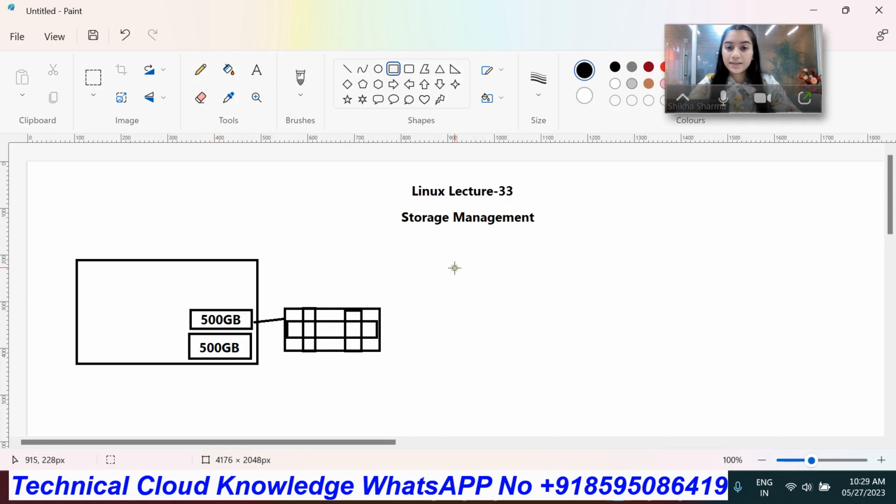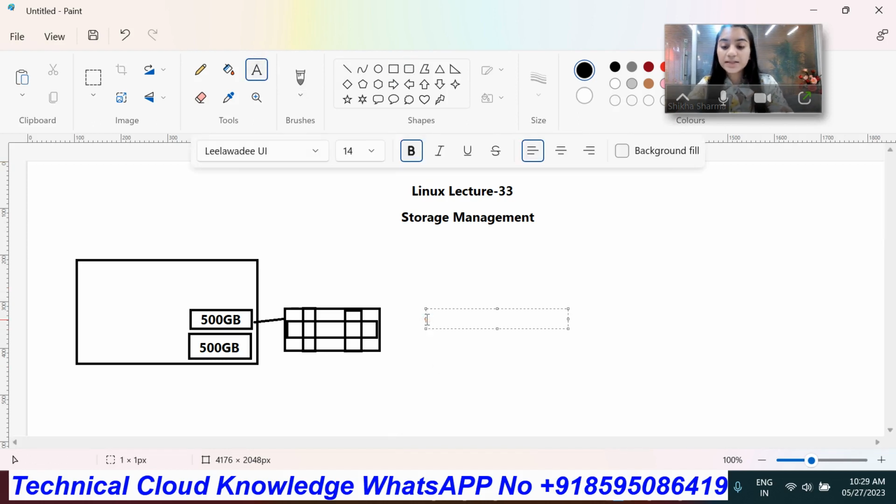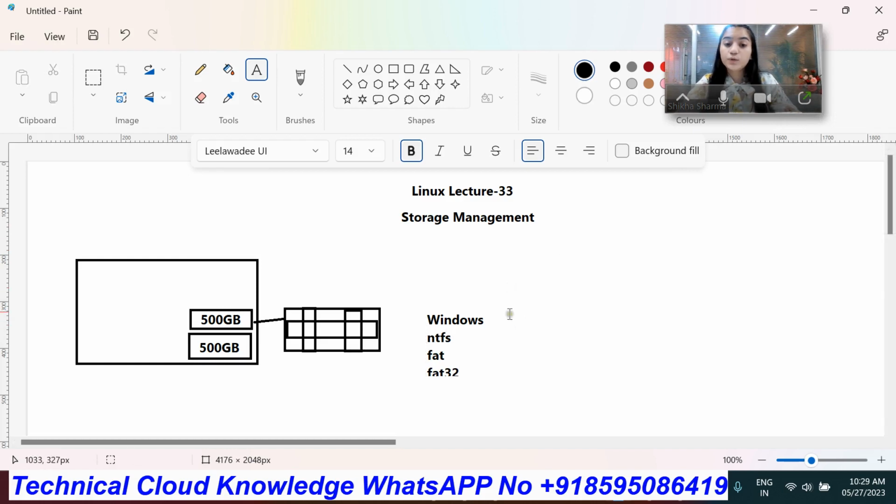So this is the file system. In Windows, the popular file systems, maybe you know them, are NTFS, FAT, FAT32. All these are the file systems which are available under Windows when we do the formatting.